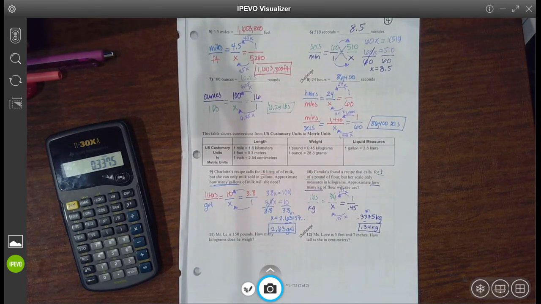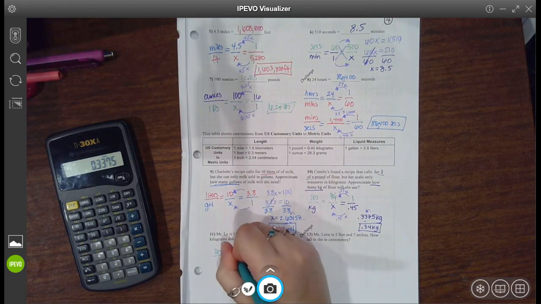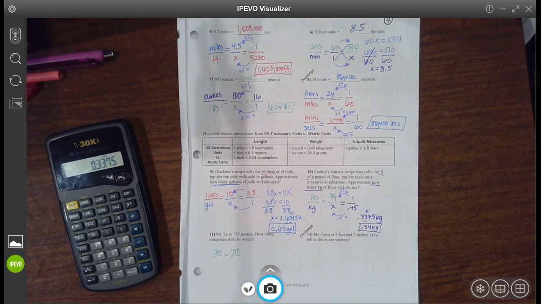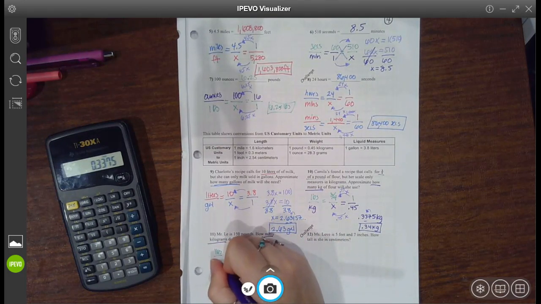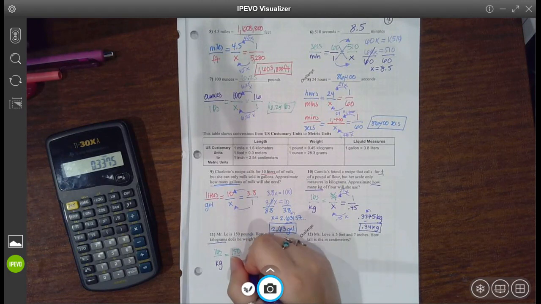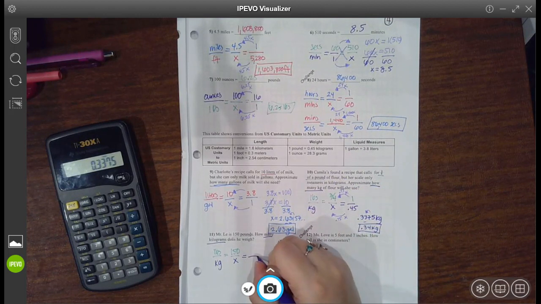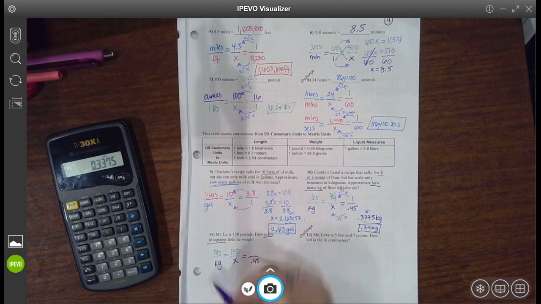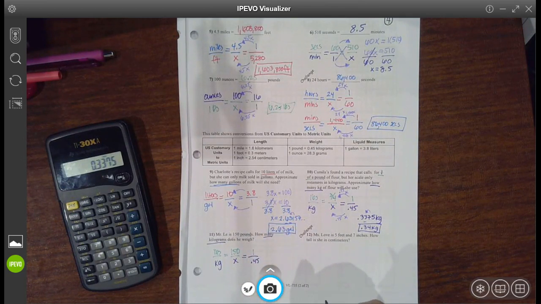Okay, the next one says that Mr. Lee is 150 pounds. So we're talking about pounds, and that he is 150 of them. He wants to know how many kilograms he weighs then. Okay, so how many kilograms is 150 pounds? Well, we know, looking at weight, that 0.45 kilograms is equal to 1 pound.